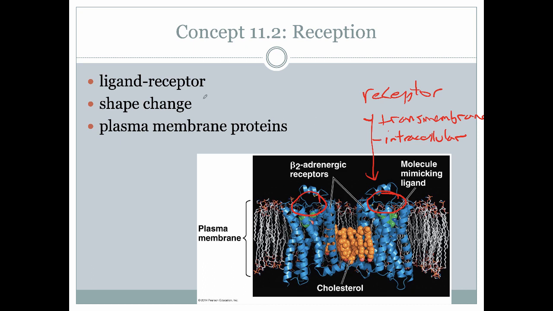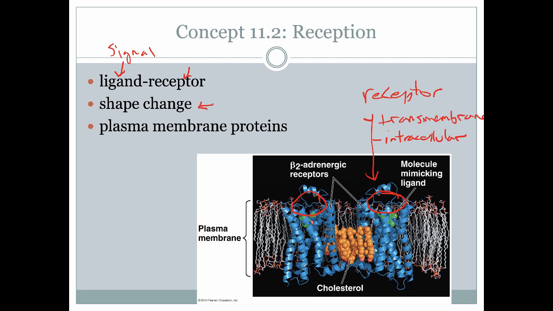All right. So in cell signaling, we call the signal the ligand, right? And then obviously the receptor is the receptor. So receptors always bind to ligands, whatever that molecule is, all right? When receptors bind to ligands, a very important thing happens, and what happens is the receptor actually changes shape.